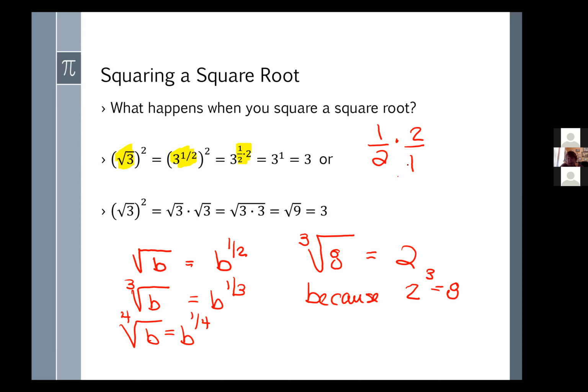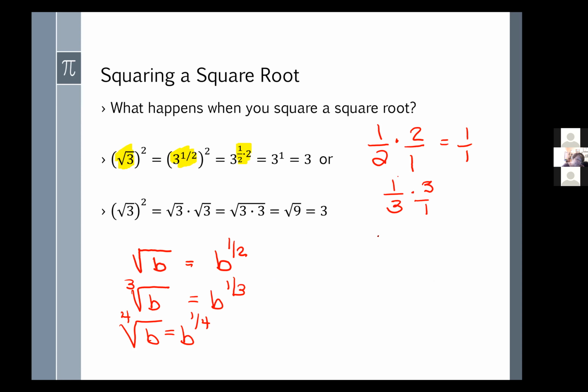Because when you multiply them together, you get 1. 1/2 times 2, the 2's cancel and you're left with 1/1. The reciprocal of a third is 3, because 1/3 times 3 is 1. The reciprocal of 2/3 is 3/2, because when you multiply 2/3 times 3/2, you get 1.